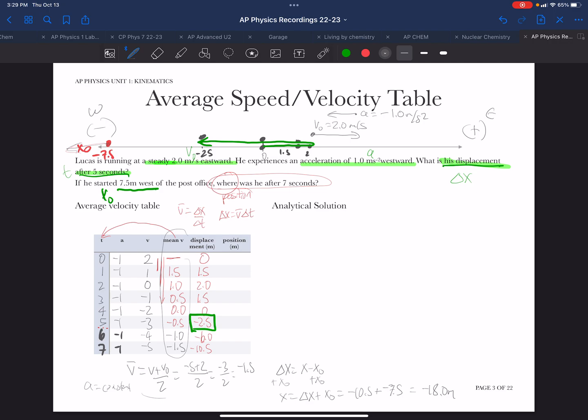Now again, the position is delta x plus x0. And if x0 is minus 7.5, then we can figure out the position anytime by adding x0 to delta x. So 0 plus a minus 7.5 is minus 7.5.